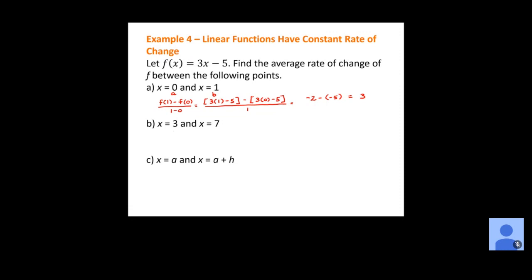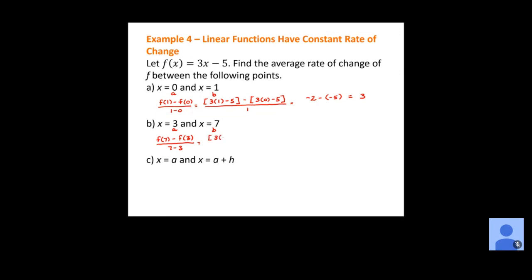All right, now the next one, our a value is the smaller value, b is the bigger. And so now we're going to substitute that in. We're going to have f of 7 minus f of 3 all over 7 minus 3. Just like the previous one, we're just going to substitute those values into our function.